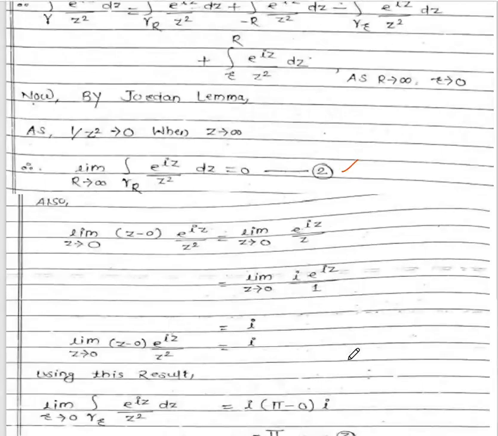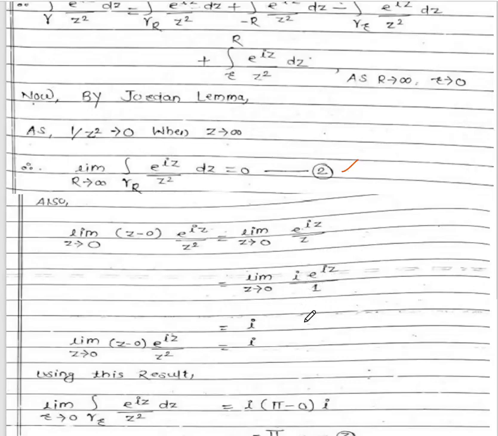Now by using the formula again, the limit as z tends to 0 of z minus 0 times e to the power iz upon z square, where z minus a means z minus 0, so the limit as z tends to 0 of e raised to power iz upon z. If we put the limit 0, we get the indeterminate form. So again here we will use L'Hospital's rule.